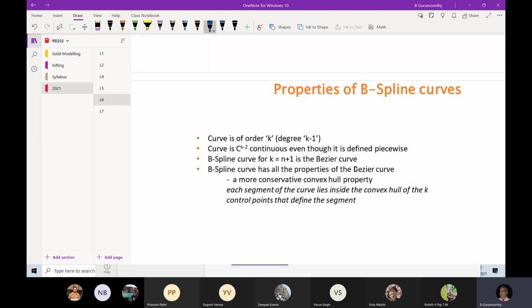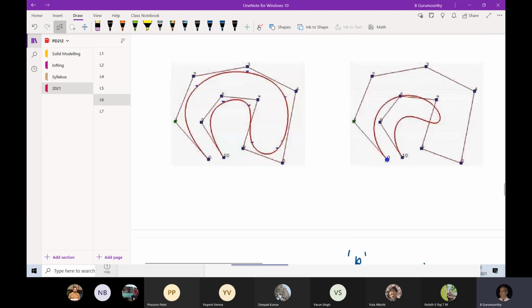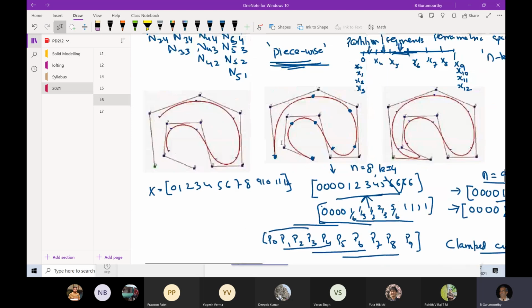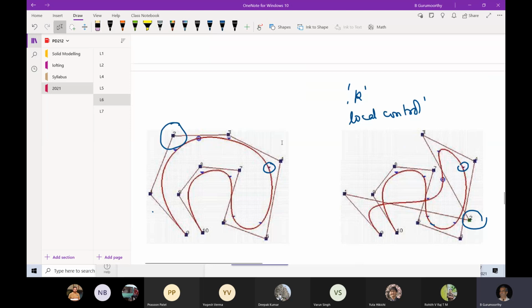But the interesting thing with the B-spline is that the convex hull property is satisfied. What was the convex hull property? That the curve will always lie inside the convex hull of the control polygon, right? Let me see if I have a good picture somewhere. Okay, we can just use this here. So you can see that if I look at the control polygon here, the convex hull is this.